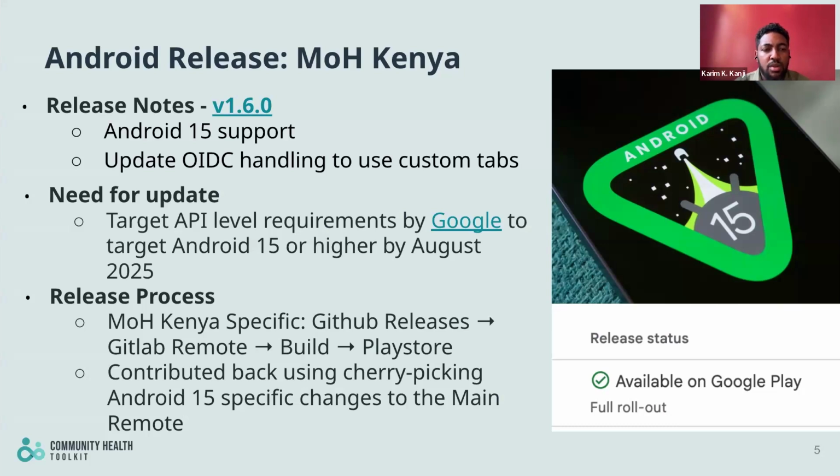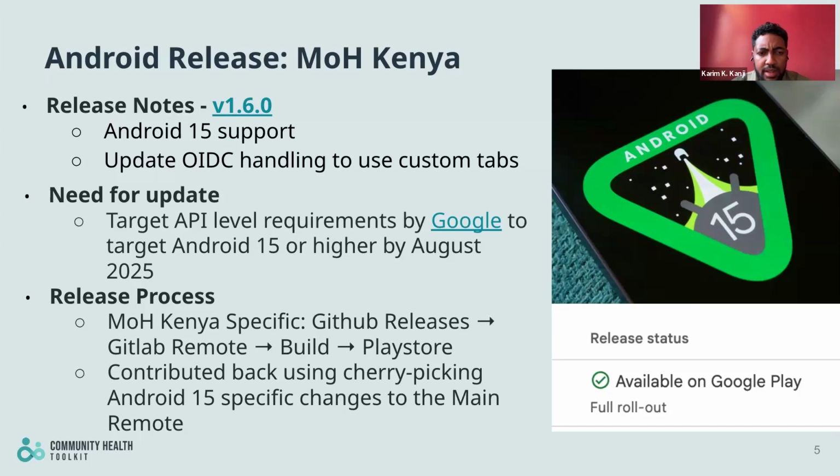Emails went out to developers whose apps were not targeting Android 15 or higher, to do so by August 2025, which is almost around the corner. So there was the need to update the target API to target Android 15. This necessitated this release. It was just in time so that we don't have apps removed from the Play Store for not meeting this requirement.